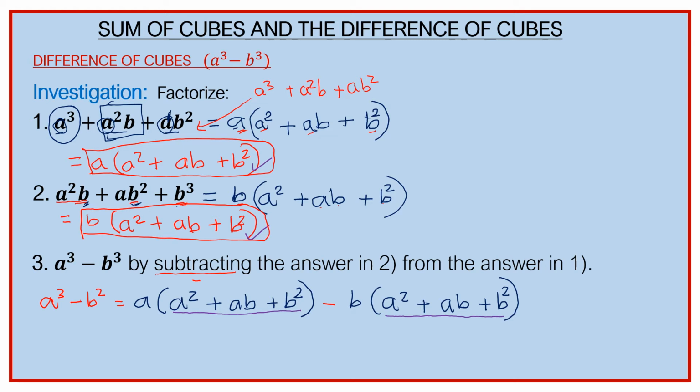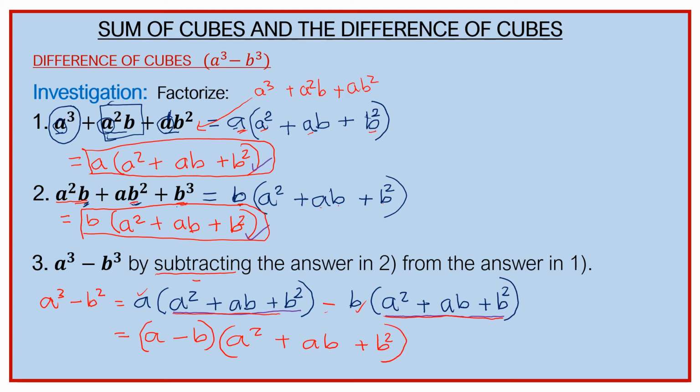So what we do, we will get this a minus this b. So we get (a − b) into the whole of this one, since they are the same, a² + ab + b².